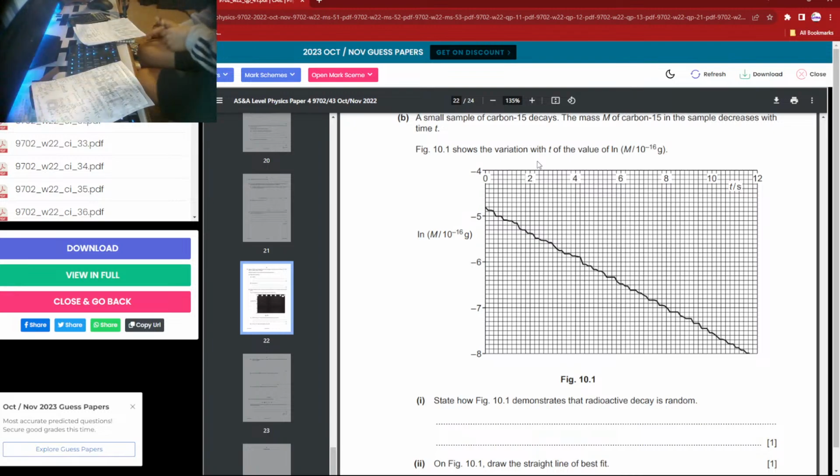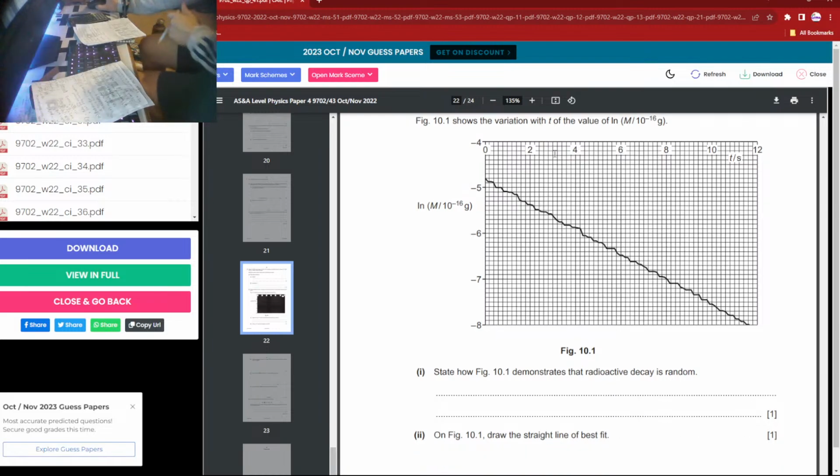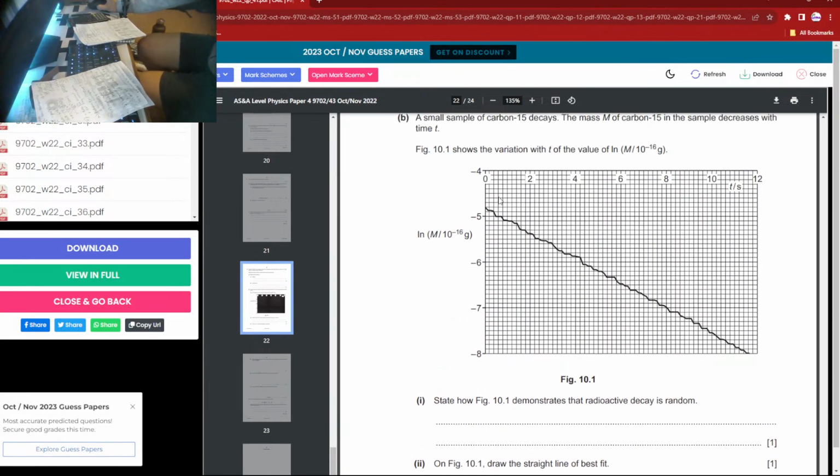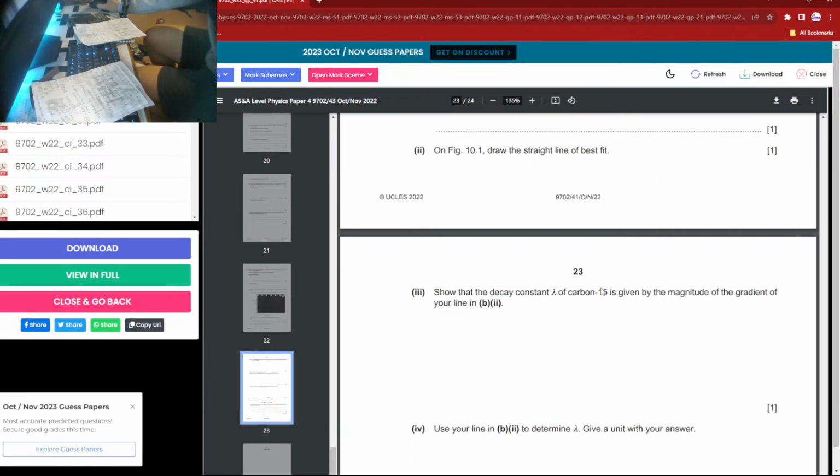The line is not straight. I think that's just the answer. Next one, on figure 10.1, draw a straight line of best fit. You just draw a straight line, that's it.